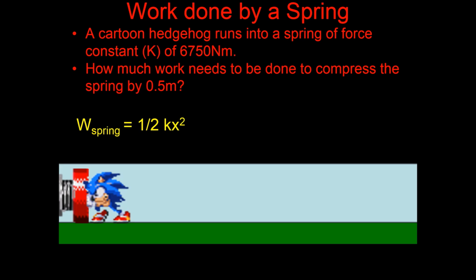We know he's going to compress this spring by 0.5 meters in this case. That means we have the constant k. We can say this is equal to 1/2 times 6,750 newtons per meter, got it that time, times 0.5 squared, which will give us 843.75 joules. That's the work done compressing the spring.